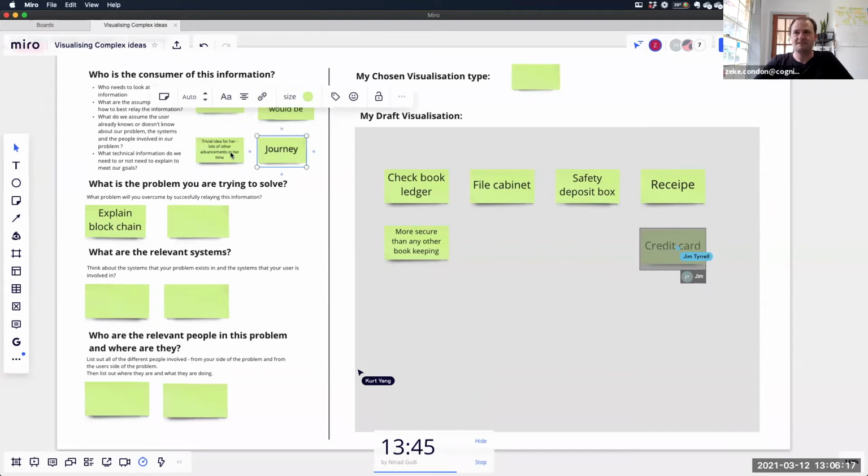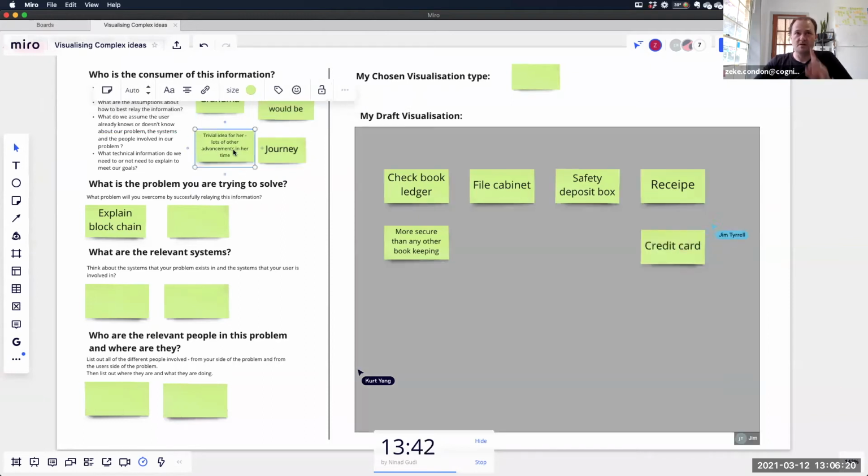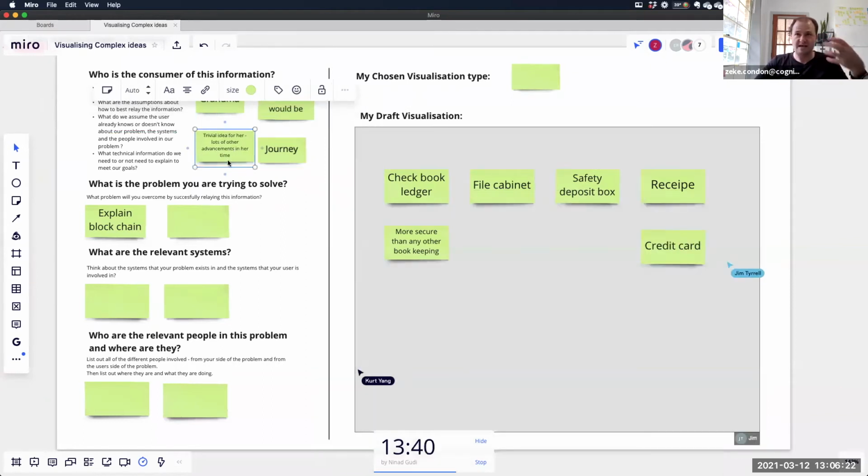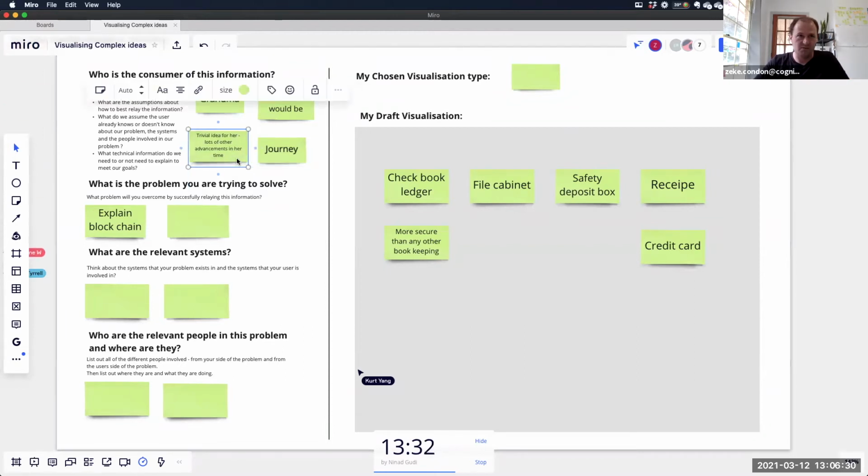So it's trivial. So that's good, right? Because grandma has heard and seen a lot of technological advancements in her time. So this is potentially trivial for her to start with, right? As opposed to going, hey, this is the most technologically advanced thing ever, put yourself in her shoes.